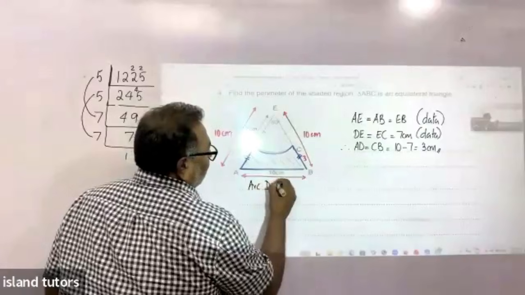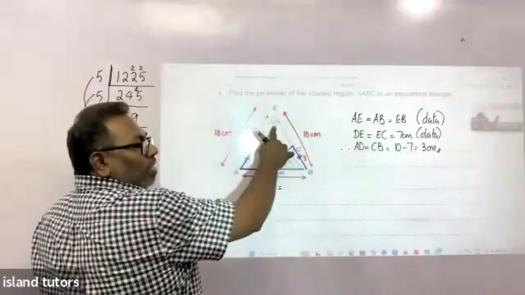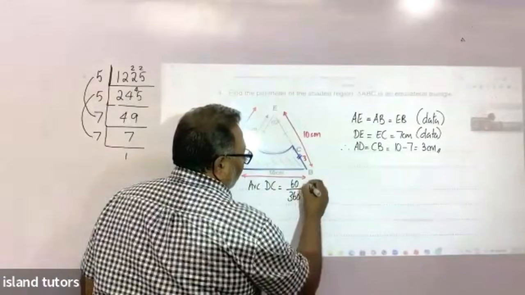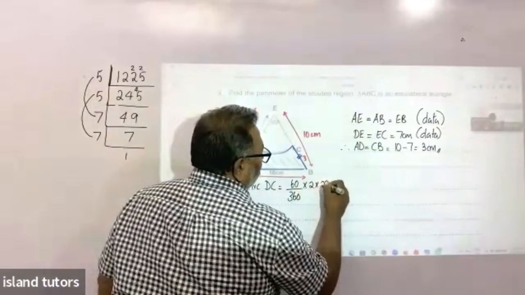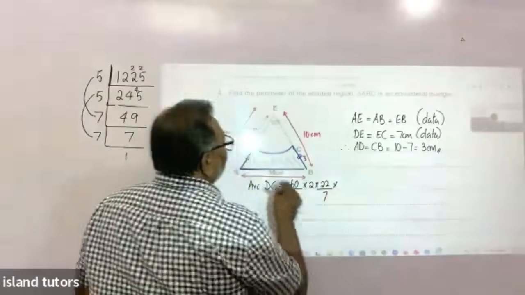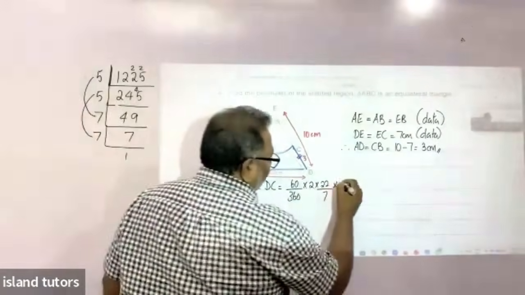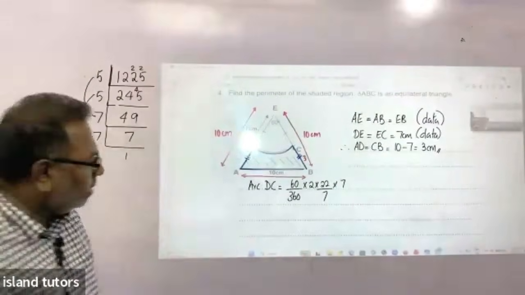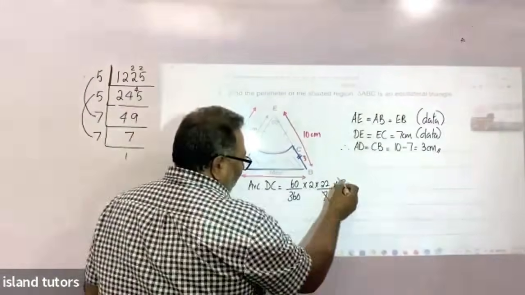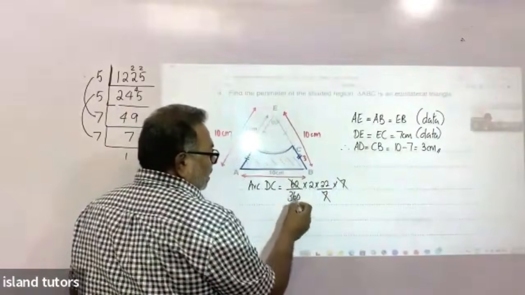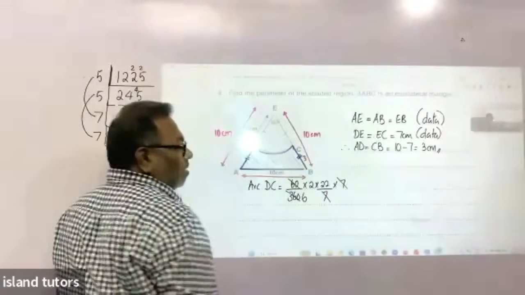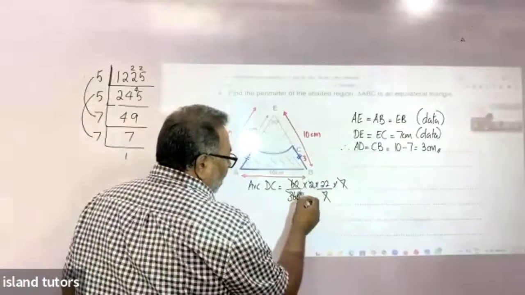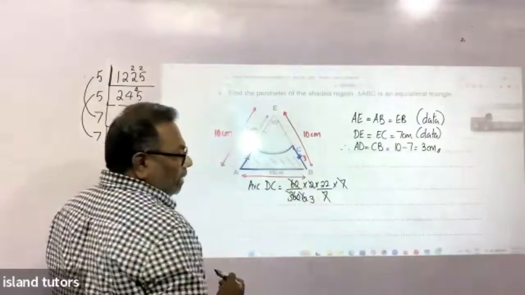Arc DC: central angle 60, so 60 over 360 into 2 into pi into radius, which is 7. Simplify. 7 and 7 cancel. 60 and 360 cancel, we have 6 here. 2 and 6 will cancel, you have 3.